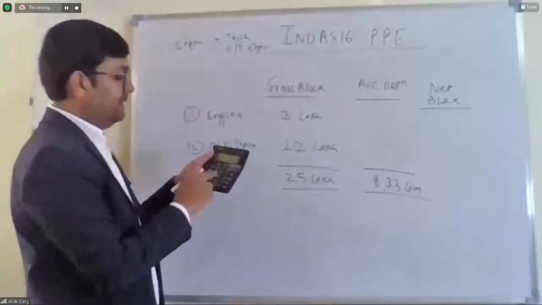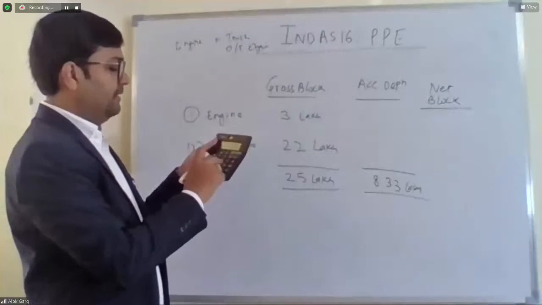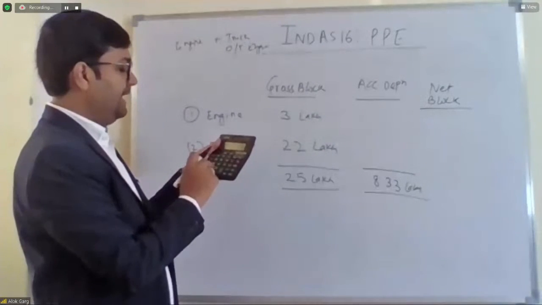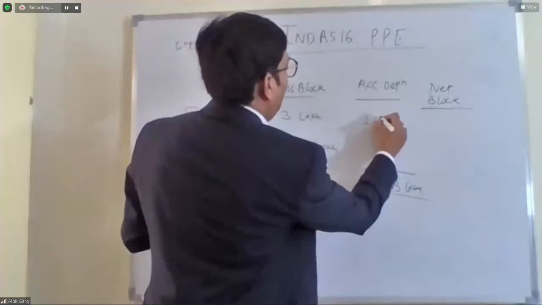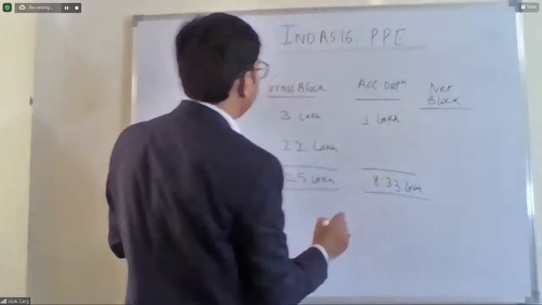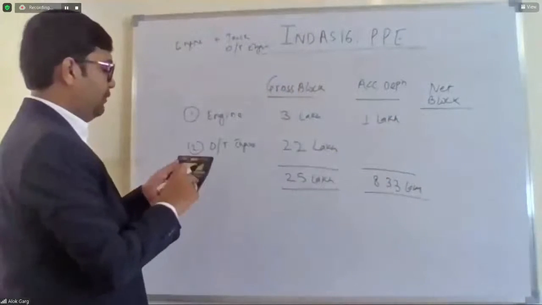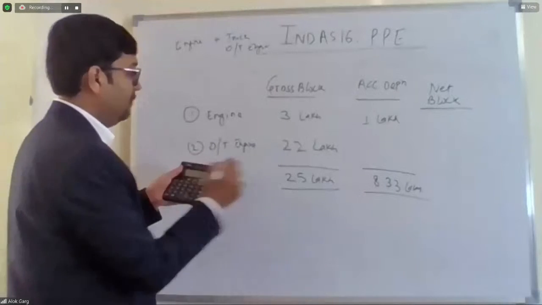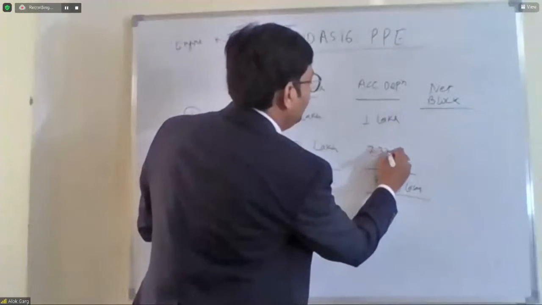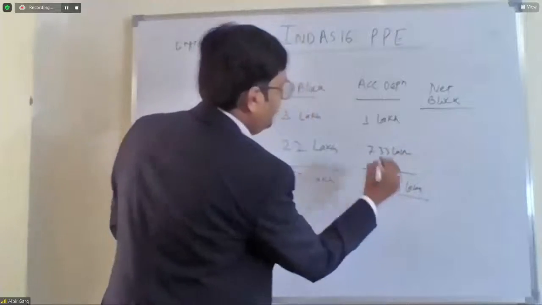On 3 lakh, divided by 15 multiplied by 5, it is 1 lakh. On 22 lakh, it is 22 divided by 15 multiplied by 5 years, which is 7.33 lakh. The total is 8.33 lakh.